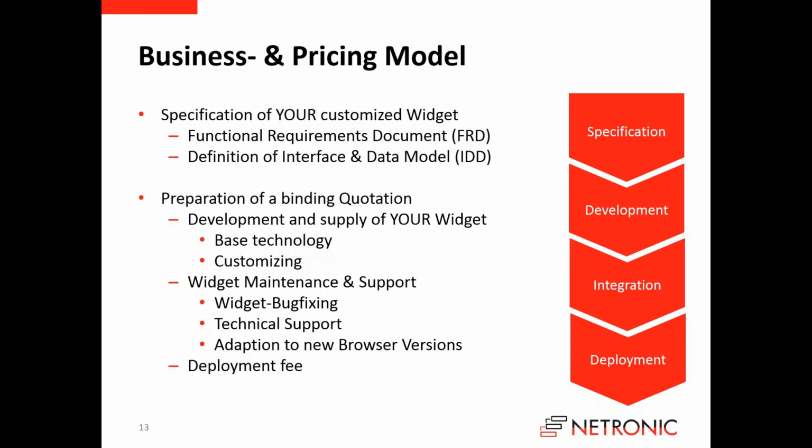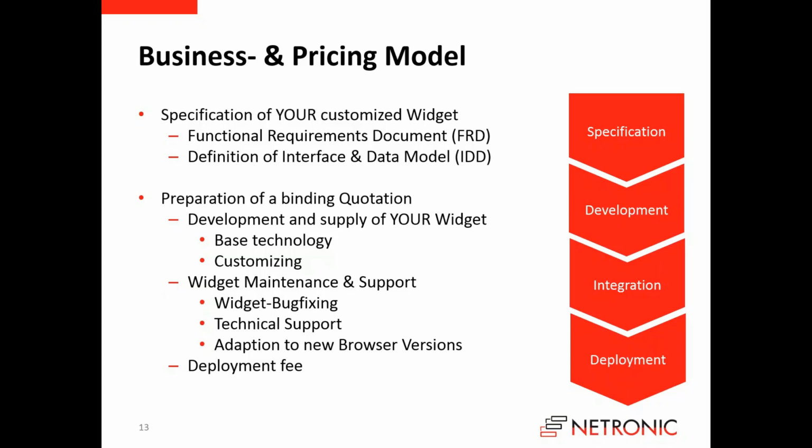And by experience, most of the time, you very often have a very detailed idea, and even a detailed specification document that can be used. If you don't have that, there is also the option that we help you doing that. But in the end, there must be 2 documents at the end of the specification phase.